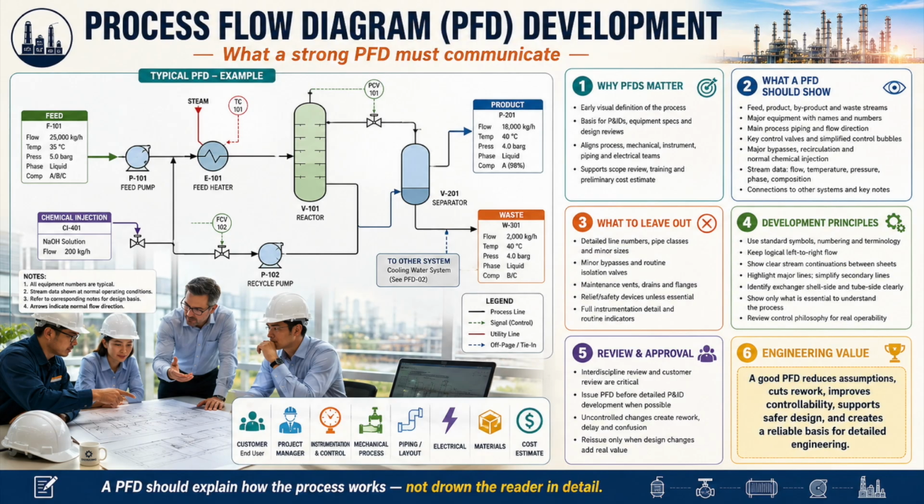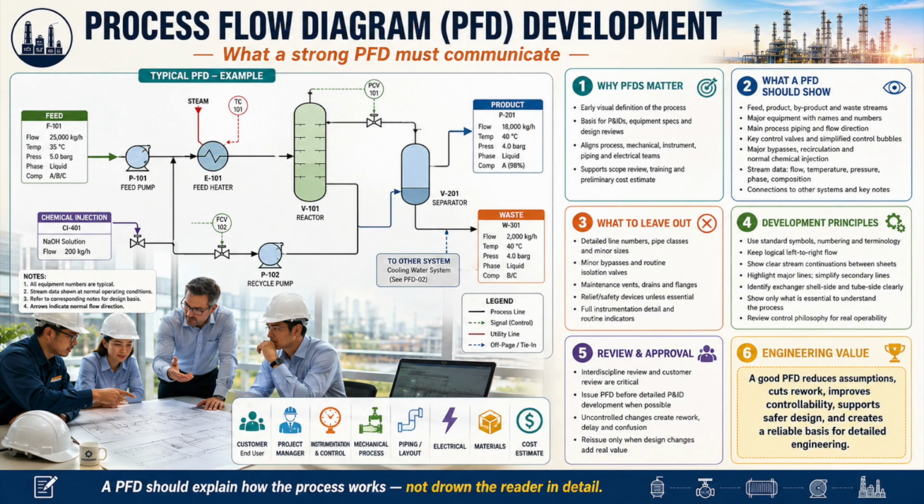Insulation, cladding, tracing, and other installed features normally belong elsewhere, although heat tracing may be identified when it is essential to maintaining process operability. The test is simple. Does this information explain or does it merely describe detailed implementation? If it does not improve process understanding, it probably does not belong on the PFD.